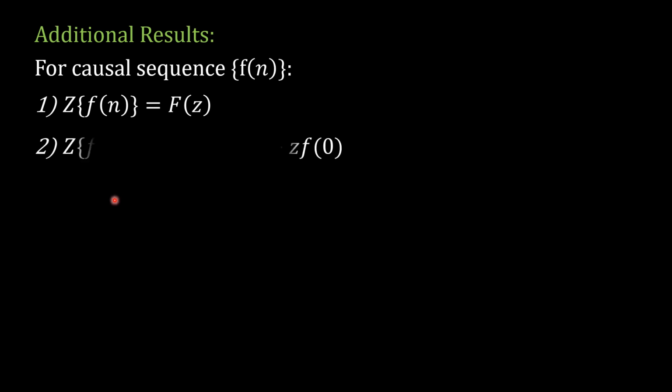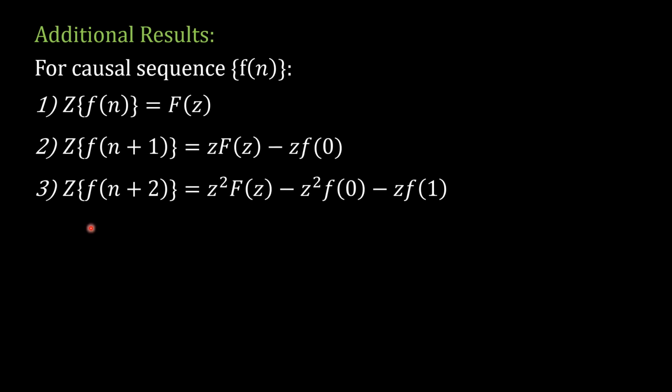First is the Z transform of the sequence f of n, which we denote by f of z. Second, Z transform of f of n plus 1. For the causal sequence, it is given by z into f of z minus z into f of 0.